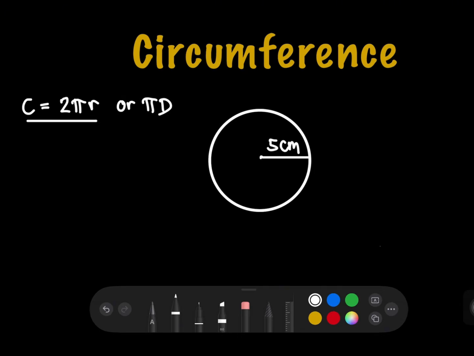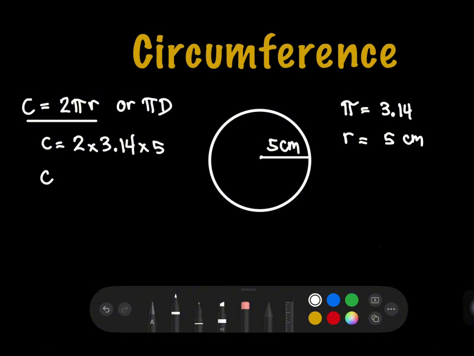And let's substitute the value of pi and r. So C is equal to 2 times, where let's say pi is equal to 3.14. So therefore it's 2 times 3.14 times the radius, which is given as 5 cm, so times 5.